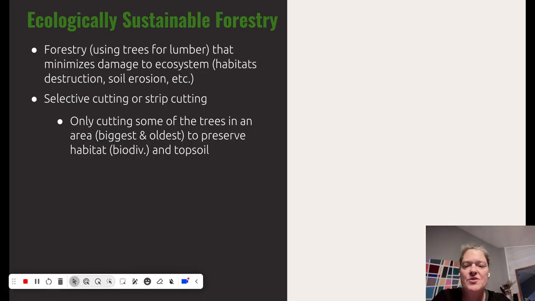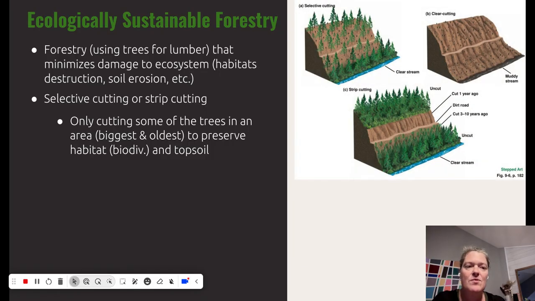We do this to preserve habitat, to maintain the biodiversity in the area, and to preserve the topsoil. So we're not clear cutting all of the trees and then exposing that soil to the weather and things that might erode it, but just cutting down some of the trees and then preserving the integrity of the land.